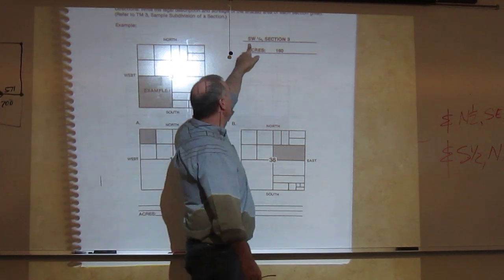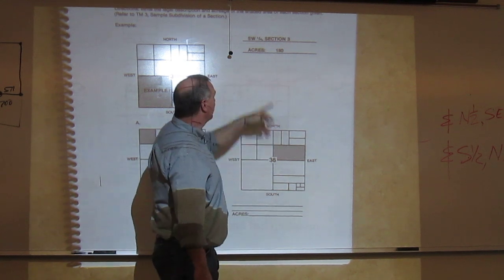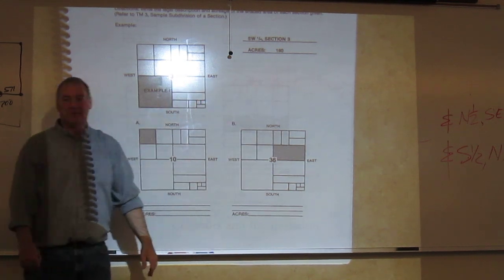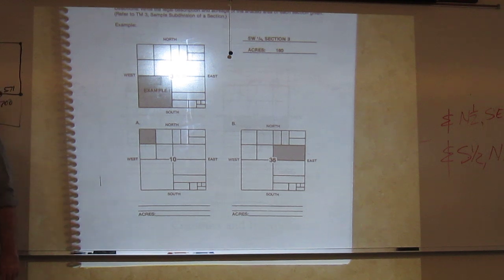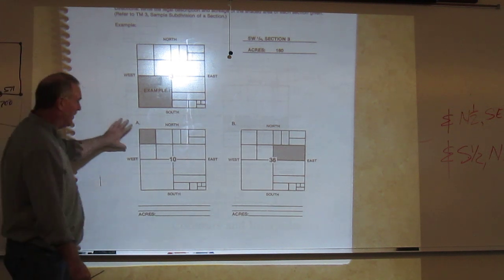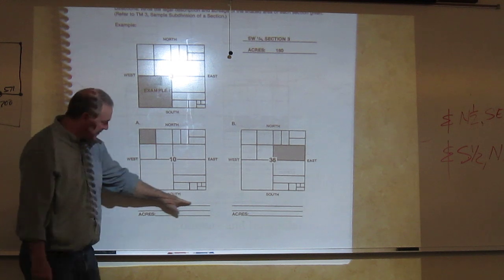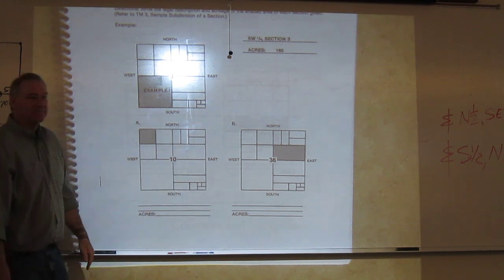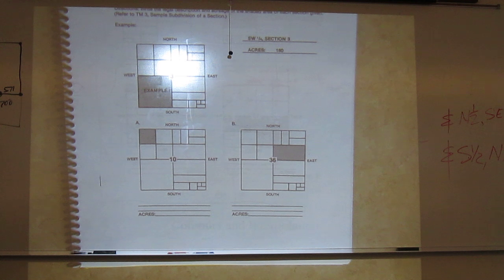So when they're doing southwest quarter, section 3, you don't have to write out the word section, the abbreviation for a section is S. So then you're going to do all of these. So you just write your legal description, give the acreage. And again, there's 2 pages to this.